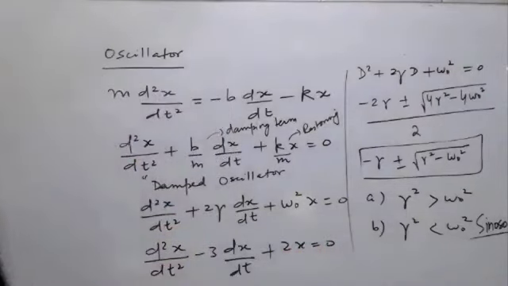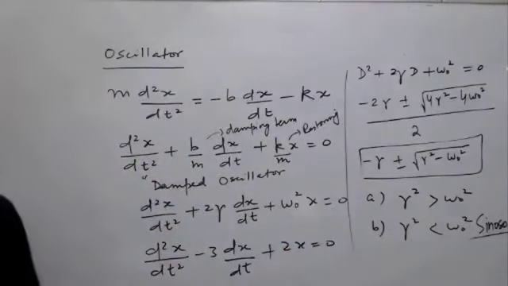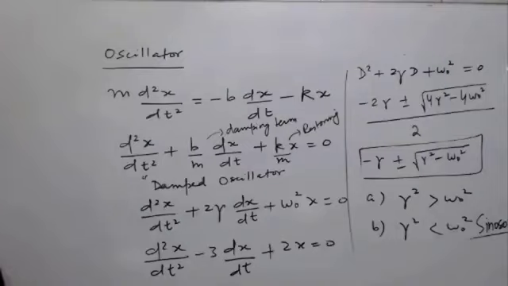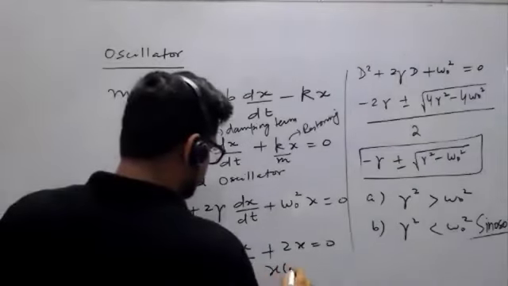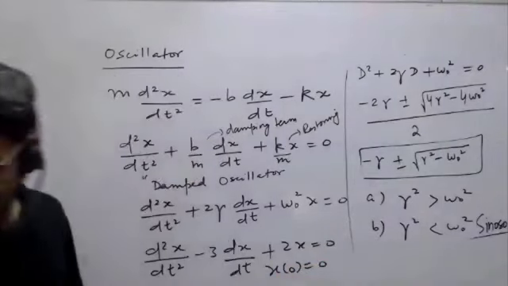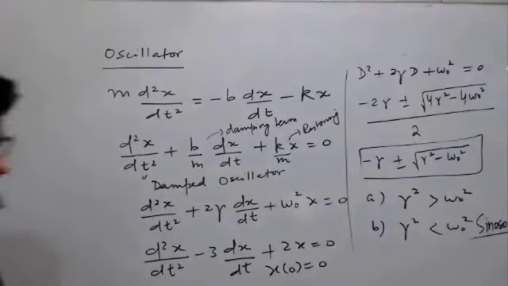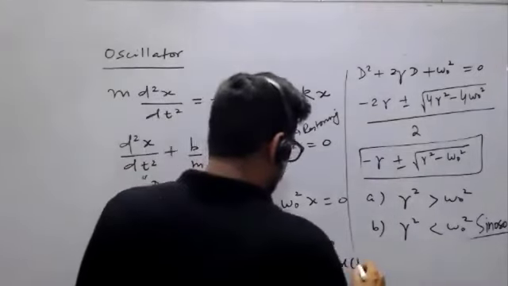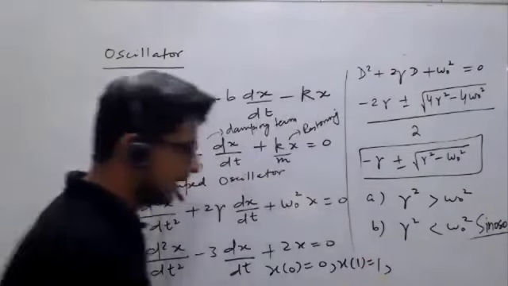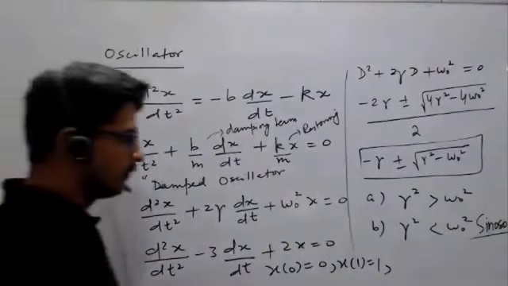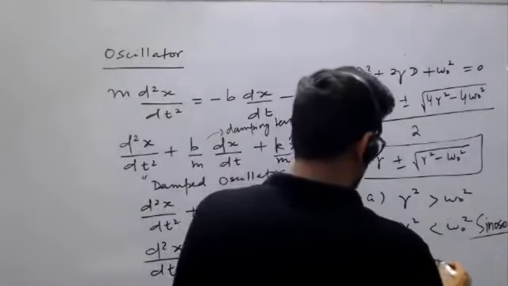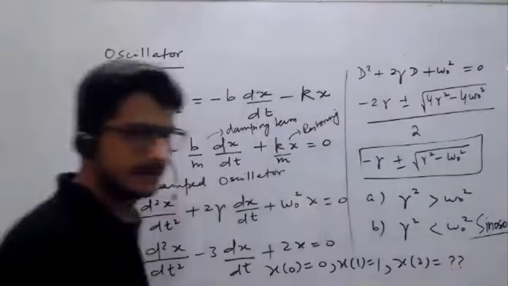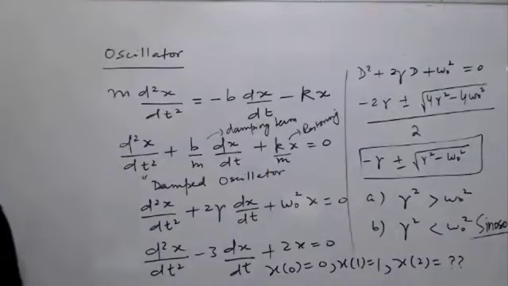So you can compare this equation with this, and the boundary conditions are x is equal to 0 at t is equal to 0 and x is equal to 1 at t is equal to 1, and x at t equal to 2 has been asked. What is x at t equal to 2? That has been asked. This is the question. I hope you can do it quickly.